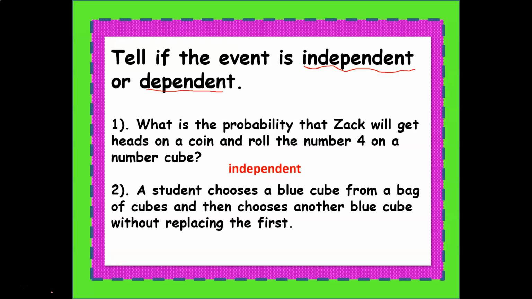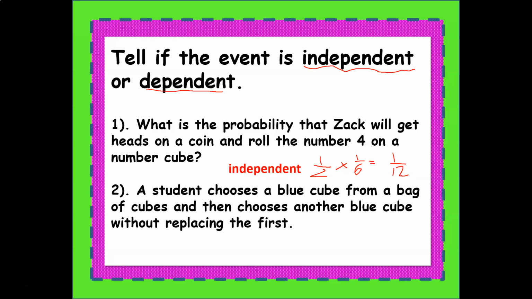They do not affect each other, so that will be an independent probability. So you're going to find the probability of flipping a coin, which is 1/2, getting a heads, and rolling a number 4 is 1/6. So you have the probability of 1/12.